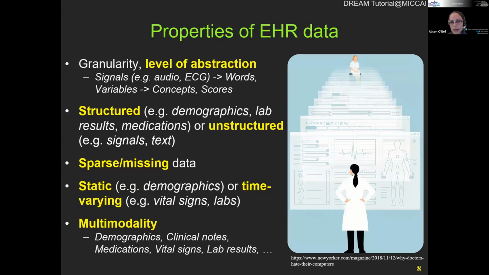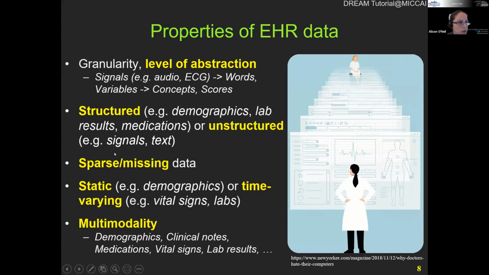So what characterizes EHR data? Well, it's very heterogeneous with different levels of abstraction. So we can have simple numerical values from lab tests or ECG, that kind of thing, through to these higher semantic data such as words.